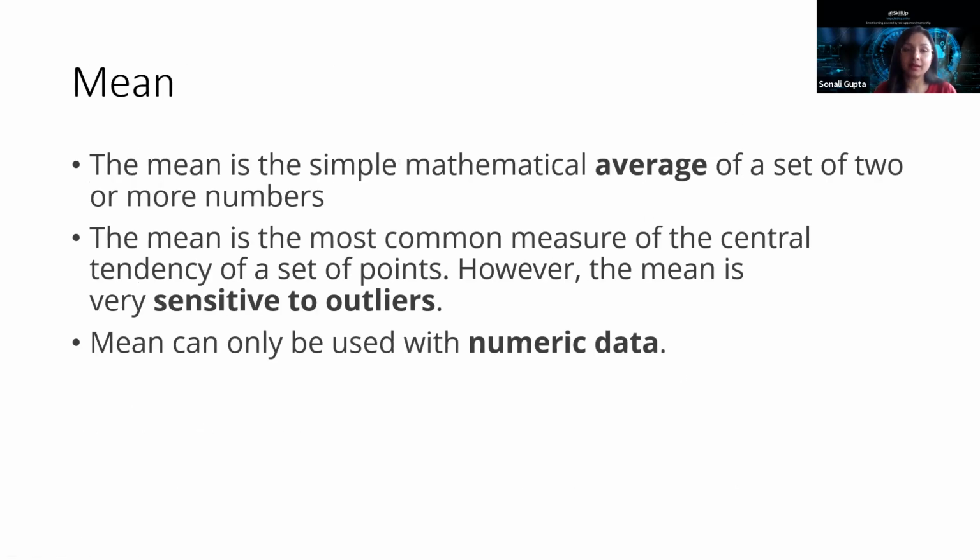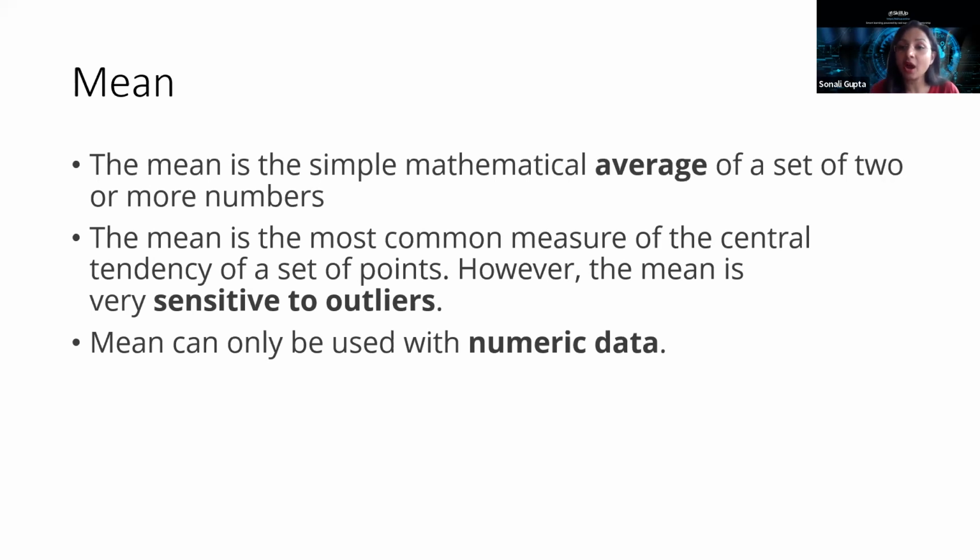So what is mean? Mean is simply a mathematical average of a set of two or more numbers. So when we have a set of numbers, it's an average of the set of two or more numbers. And it is the most common measure of the central tendency of a set of points. When you start working with the data, when you have got a set of points, the common measure of the central tendency gives out the mean.